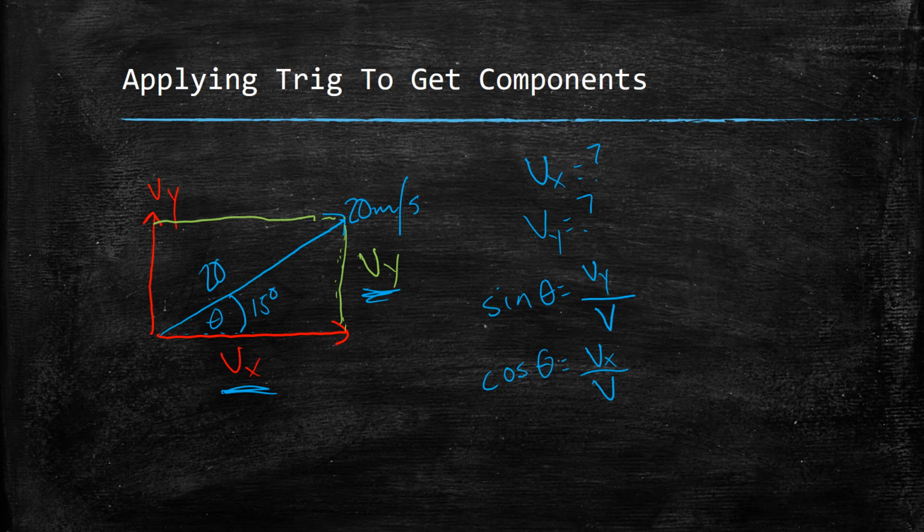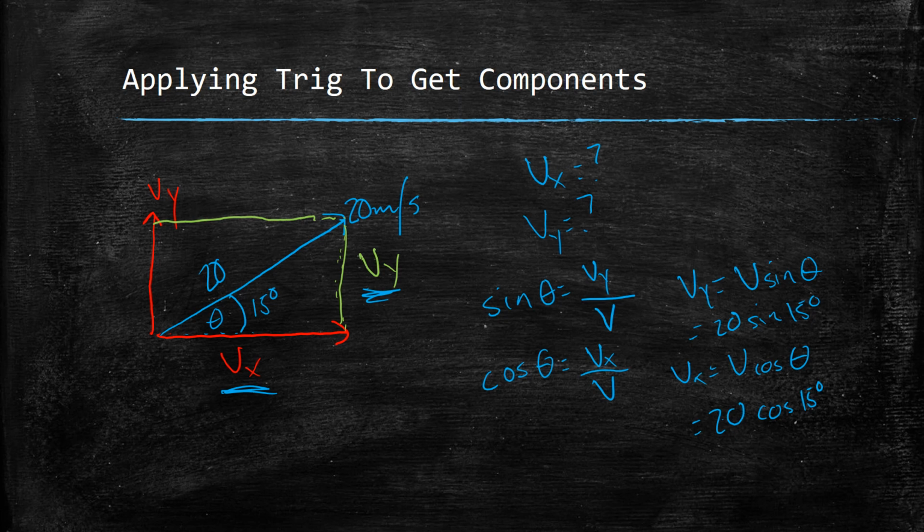How does this help me? Well, this helps me because we can quickly flip this and make this into Vy equals V times the sine of theta, and Vx equals V times the cosine of theta. And from there we can just plug our values in. 20 times the sine of 15 degrees, and this is 20 times the cosine of 15 degrees.